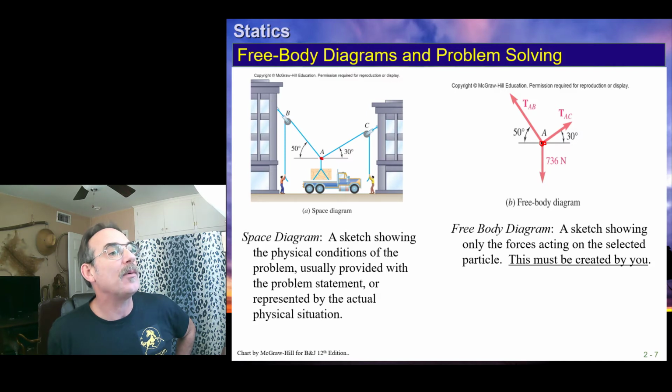We see, if we look at that, we've got a force in the direction of this cable, shown here, a force in the direction of this cable, shown here, and a force in the direction of this cable, shown here. So this one acts straight down, this one acts 30 degrees above the horizontal, and this one acts at 50 degrees above the horizontal, and the orientation of all of these are tension since these are cables.